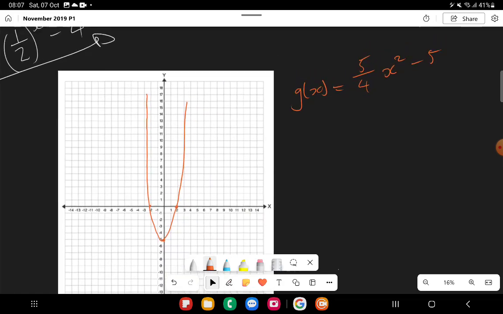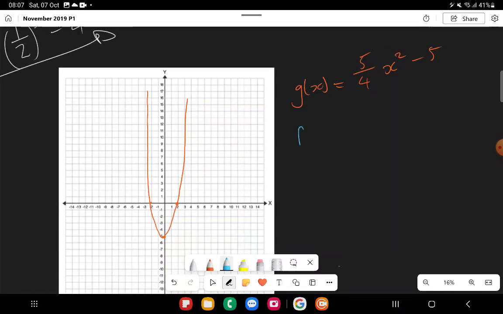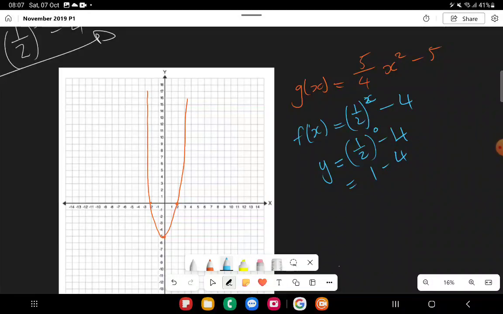Next up, we have f of x, which is equal to 1 over 2 to the power of x minus 4. Our y-intercept is when x is 0. So y is equal to 1 over 2 to the power of 0 minus 4. That is 1 minus 4, which is equal to 3.